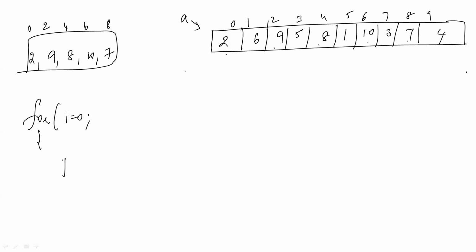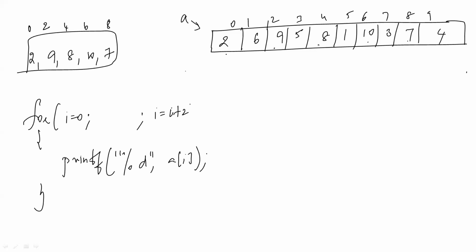Means printf percentile d a of I. This will not change. But after 0, I should not go to the first position. I should go to the second position.